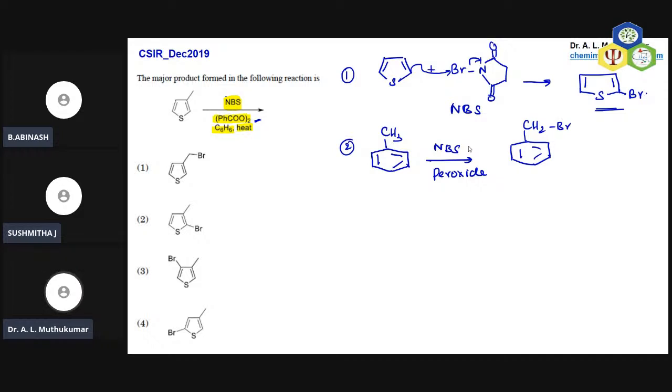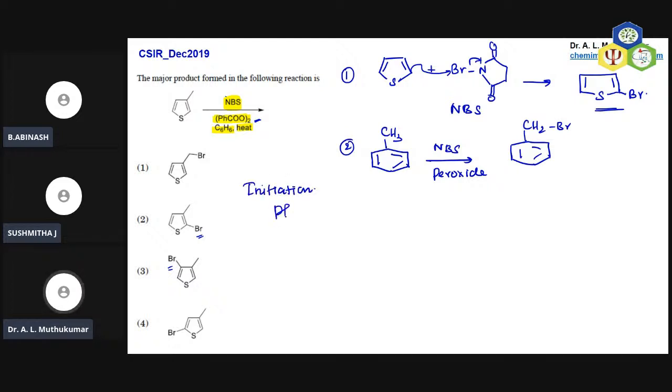So the reaction happens only there. This is actually a 2-mark question. Most of you might think the reaction will take place at the ring, but that is not the case. Let me explain the mechanism of this reaction. The first step is chain radical initiation. This is an initiation process.